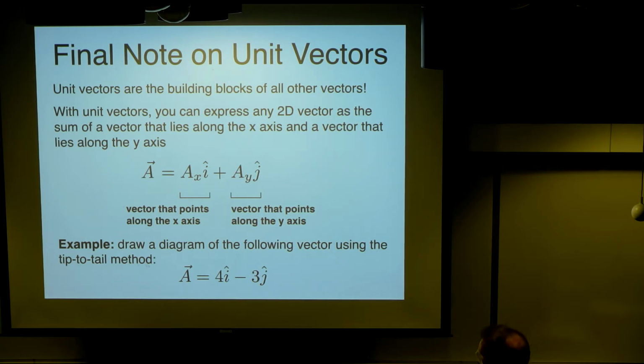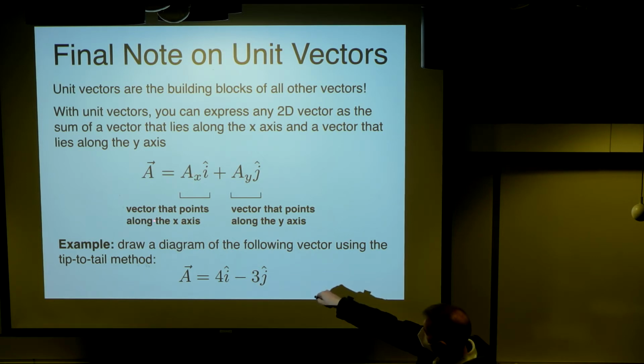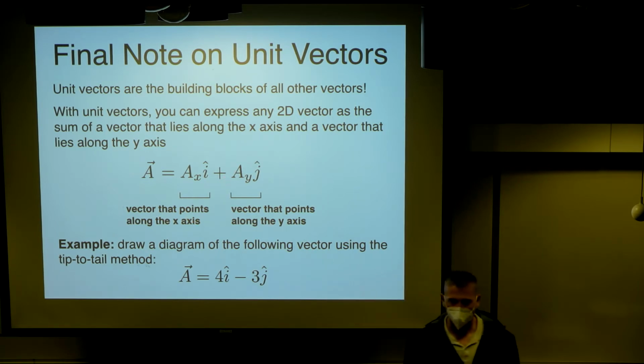The way that actually works, if we want to get into specifics, is like this. Let's for now just focus on 2D vectors, which just have an x component and a y component. If we have a 2D vector, I can take any vector I want and express it as a vector that's going along the x-axis, added to another vector that's going along the y-axis.